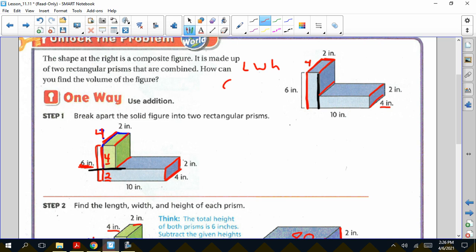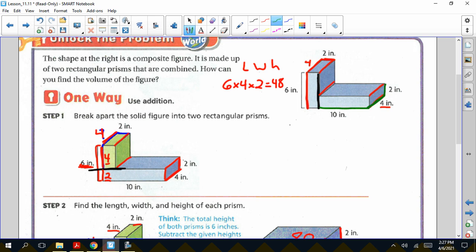So we would go 6 times 4 times 2. 6 times 4 is 24. Times 2 is 48. For the other figure, we'll change it and make it green. We're going to go length times width times height.